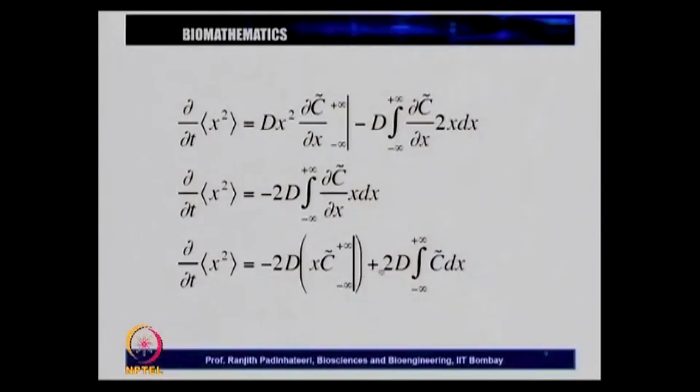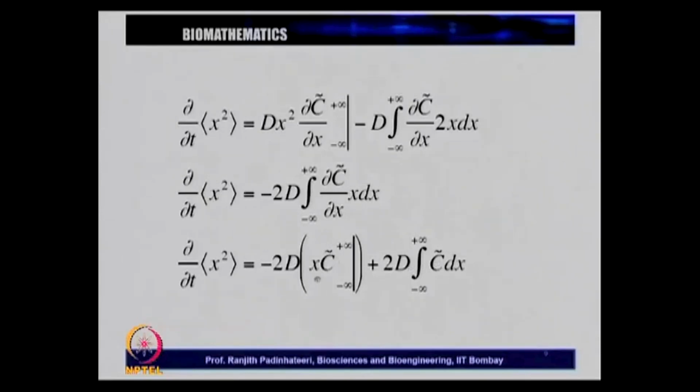minus v du. V is c tilde and du is dx, which is the derivative of x, dx by dx is 1. So, what you will get is 2d into integral c of x dx.